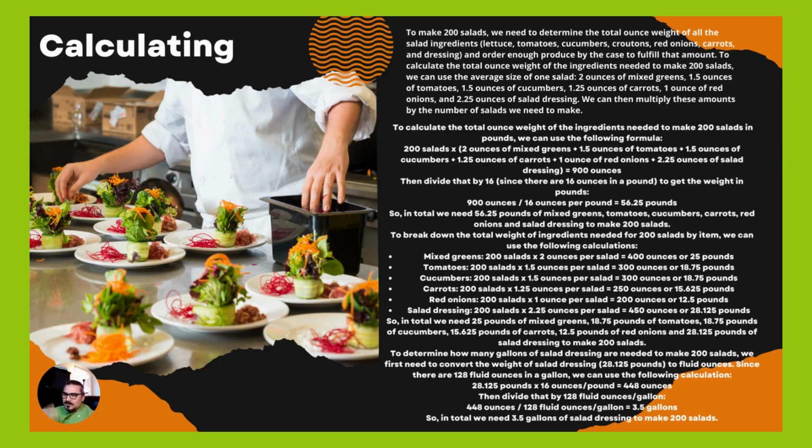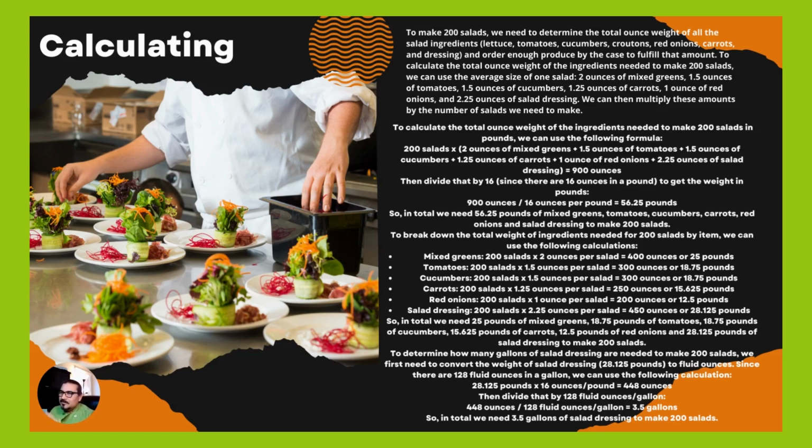But on average, once you do enough of these, you're going to know how much you need. So here are your numbers: 1.5 ounces of cucumbers, 1.25 ounces of carrots, 1 ounce of red onions, and 2.5 ounces of salad dressing. We can then multiply these amounts by the number of salads we need to make.